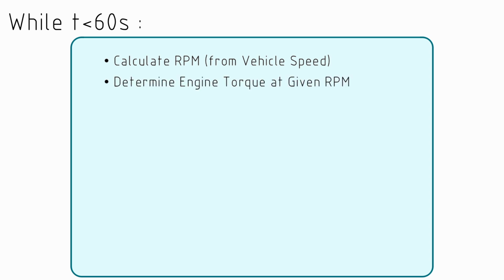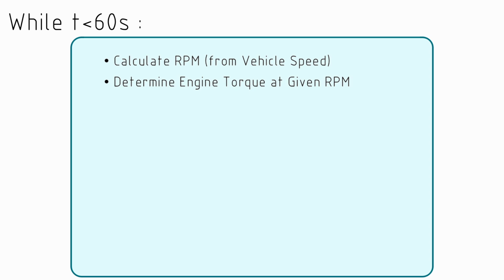This sits inside a while loop or a for loop where we just keep iterating this process until a certain condition is met. For the purpose of this simulation, I simulated the car for about 60 seconds of motion. Each step, I would calculate the RPM based on the vehicle speed. Once we have that RPM, we would use that to get the engine torque from the information we had before.